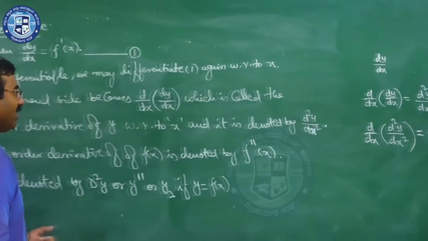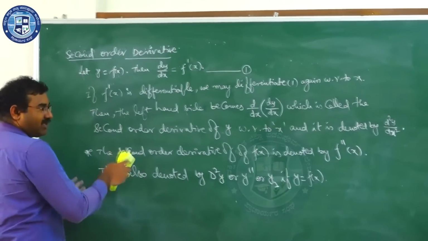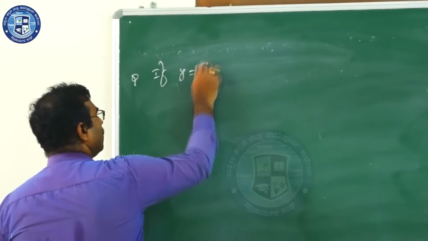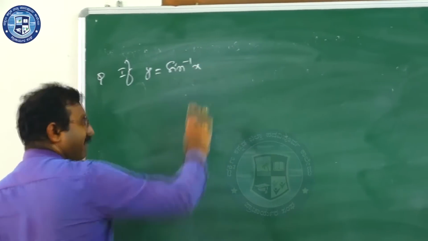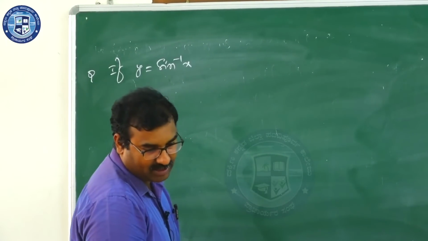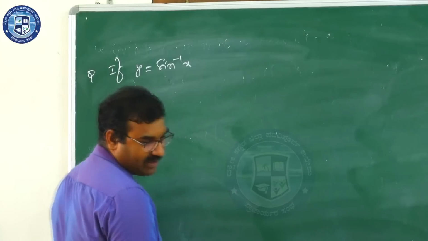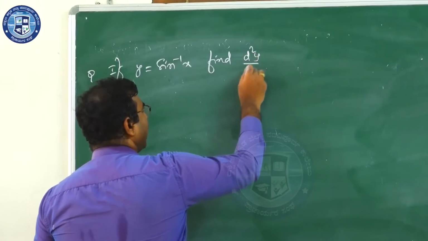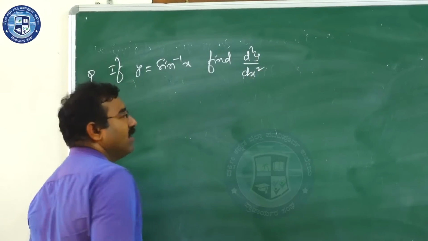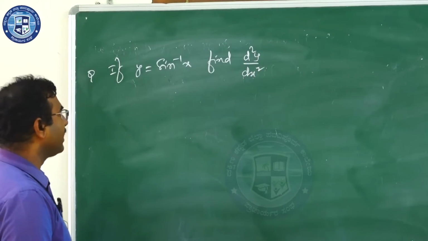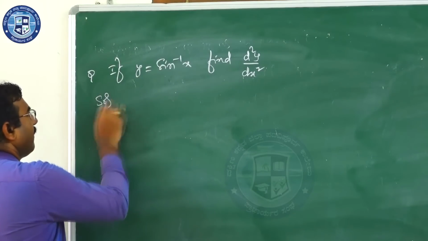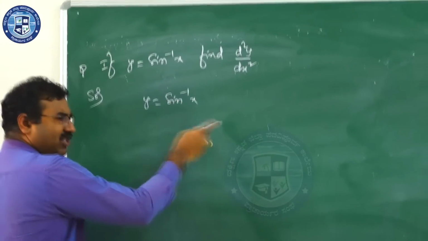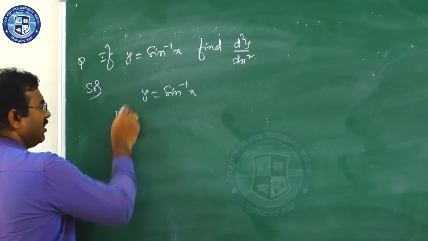So in the second order derivative, we will see how we can do the problems. If y is equal to sine inverse x, find d square y by dx square. See, y is equal to sine inverse x. Just differentiate with respect to x on both sides.